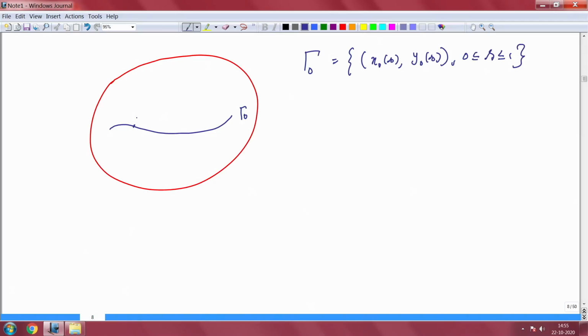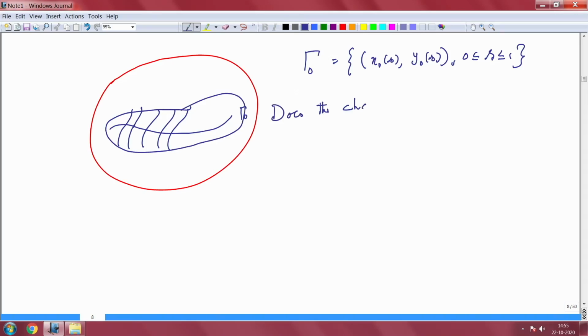On each of these points you can solve that 2 by 2 system of ODE, so you can find a characteristic curve. The existence of a characteristic is given by the system of ODEs. So for each point you have characteristics. The question is: does this family of characteristic curves provide a neighborhood of gamma naught?